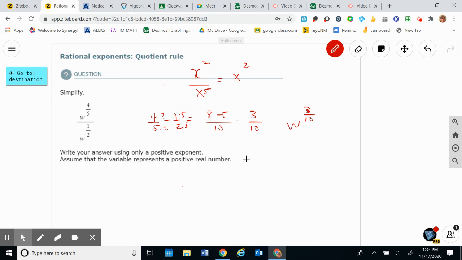And it says positive exponent. So if you end up with a negative exponent, like say, what if it was w to the 1/2 over w to the 4/5? That would be w to the 1/2 minus 4/5, right? And then we would get w to the negative 3/10, which, if you had to write that with a positive exponent, is going to be 1 over w to the 3/10.